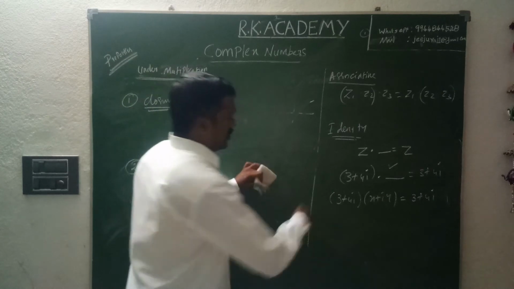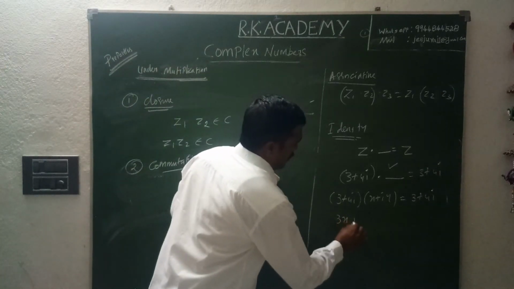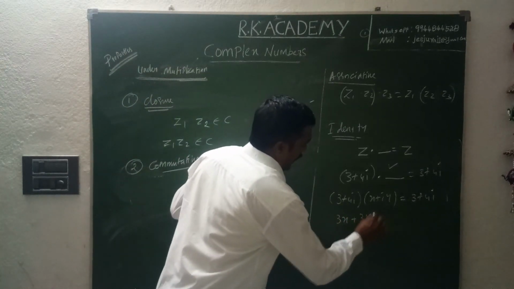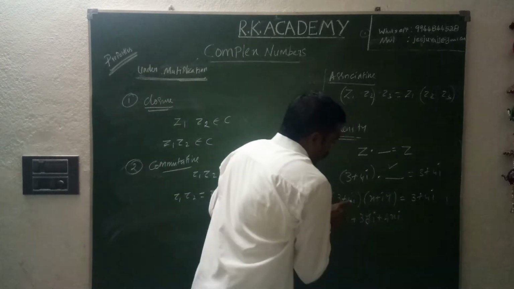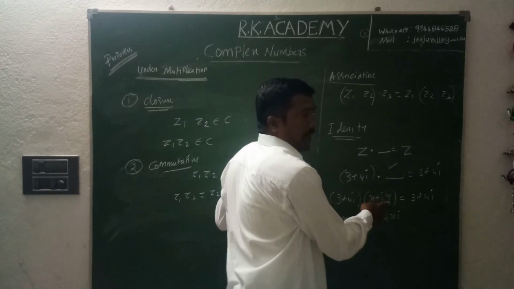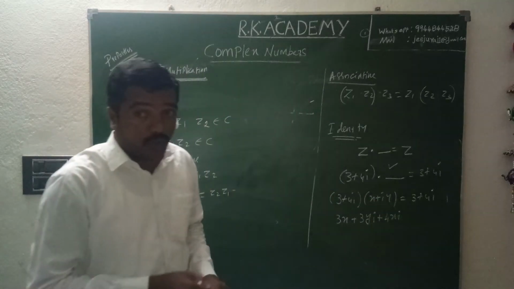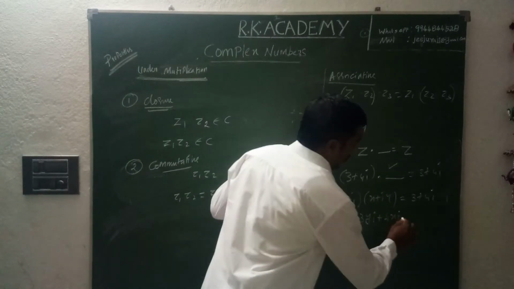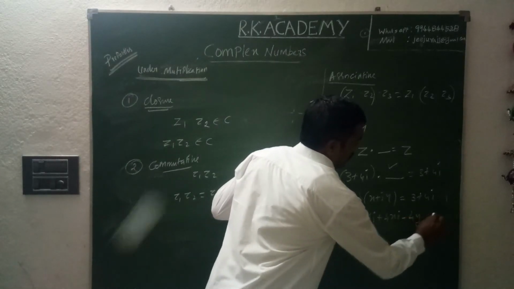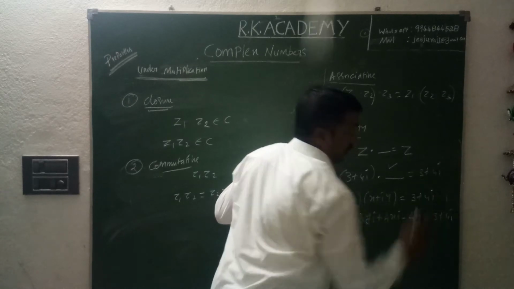Just multiply. 3x plus 3yi plus 4xi, and here 4yi square. What will happen? I square is minus 1. So minus 4y is equal to 3 plus 4i.